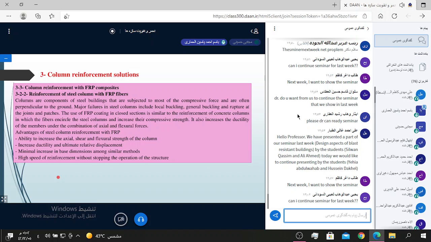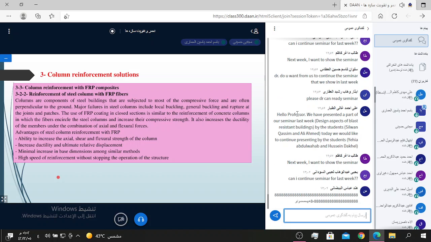columns, with the fiber encircling the steel column and increasing its compressive strength. It also increases the ductility of the members under a combination of axial and flexural force.